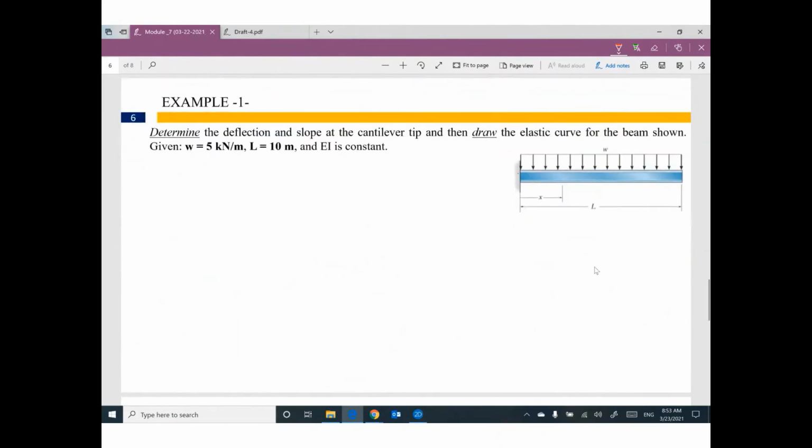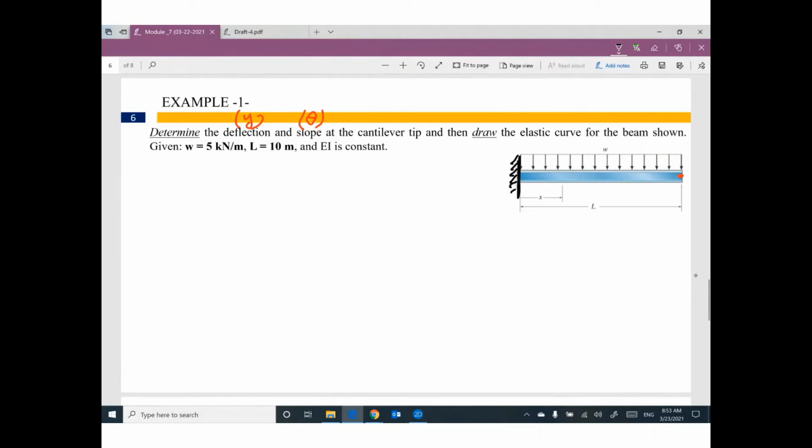Let's start our first example. Example number 1. We need to determine the deflection y and the slope theta at the cantilever tip, at this point. By the way, this beam has a fixed support here.